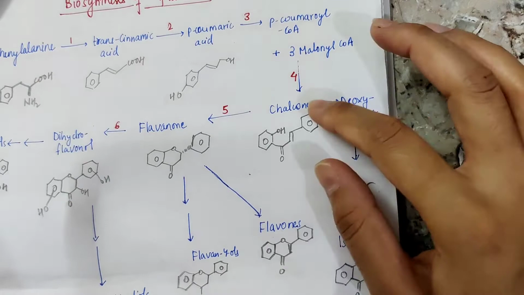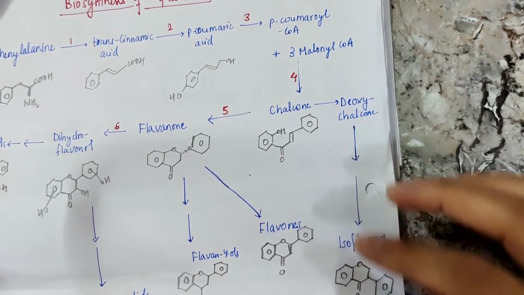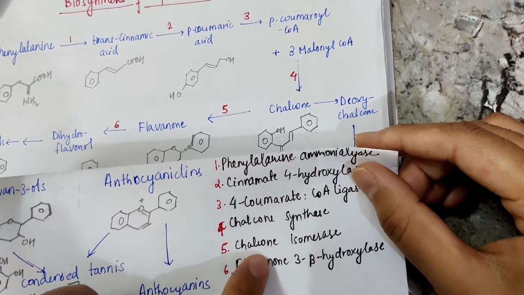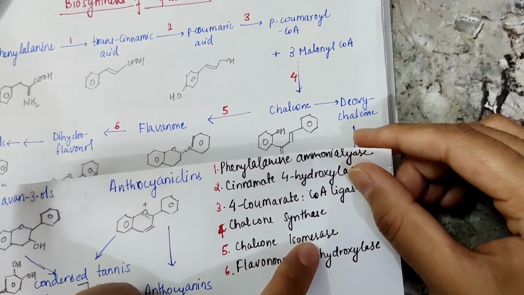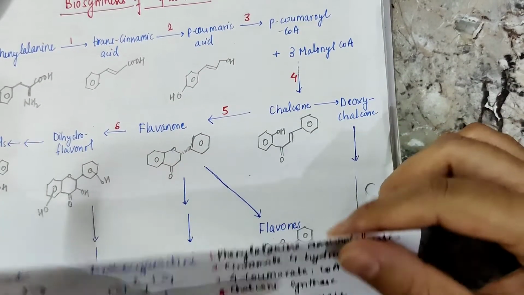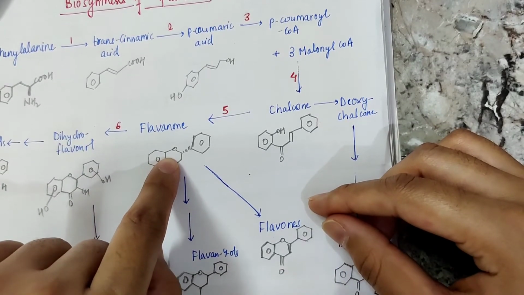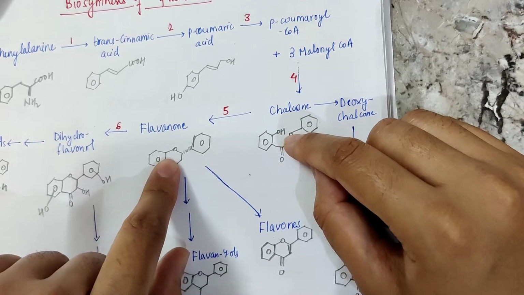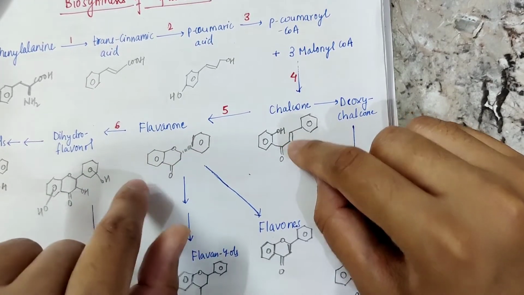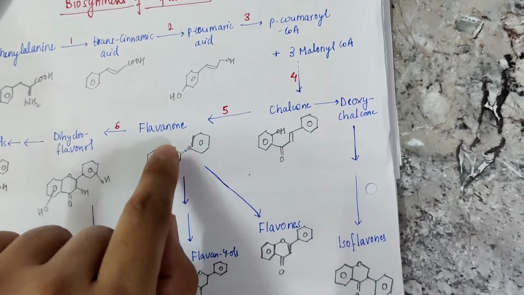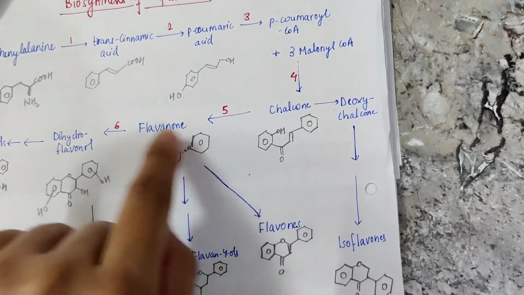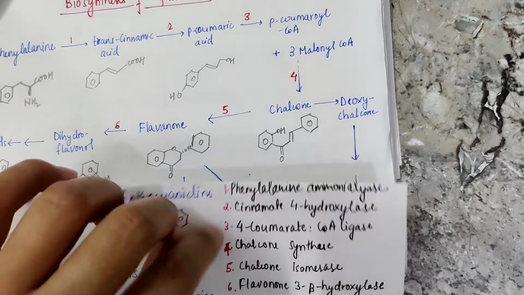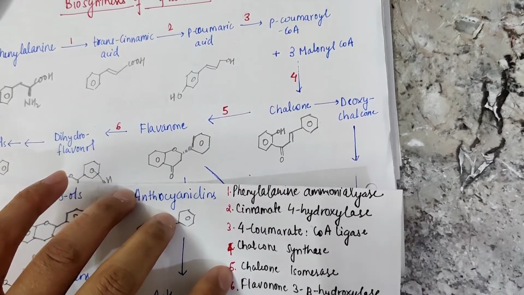Like if this chalcone undergoes changes in the presence of chalcone isomerase, isomerization will occur and the ring closure will take place and flavanone will form. So if the isomerization occurs and ring closure occurs, then you obtain flavanone in the presence of enzyme chalcone isomerase.